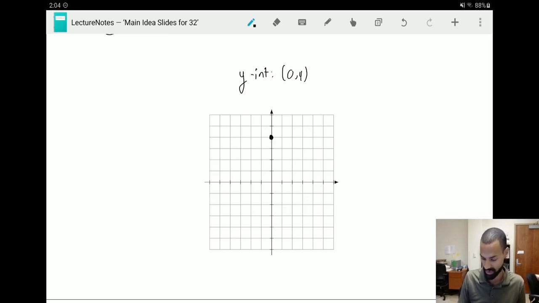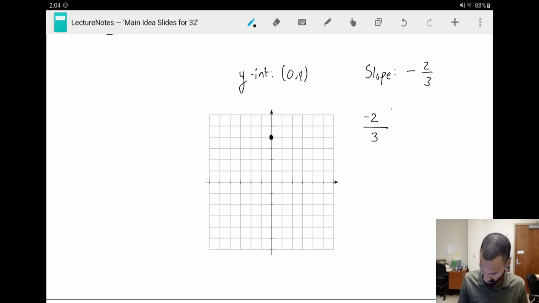Now, from there, use the slope. The slope is negative 2/3. Now, depending on where you put that negative, you can figure out your next point, okay? Let's go with the most natural reading of that, negative 2/3. Remember where those numbers come from if you use the slope formula. The top number represents how much y changes. The bottom number represents how much x is changing.